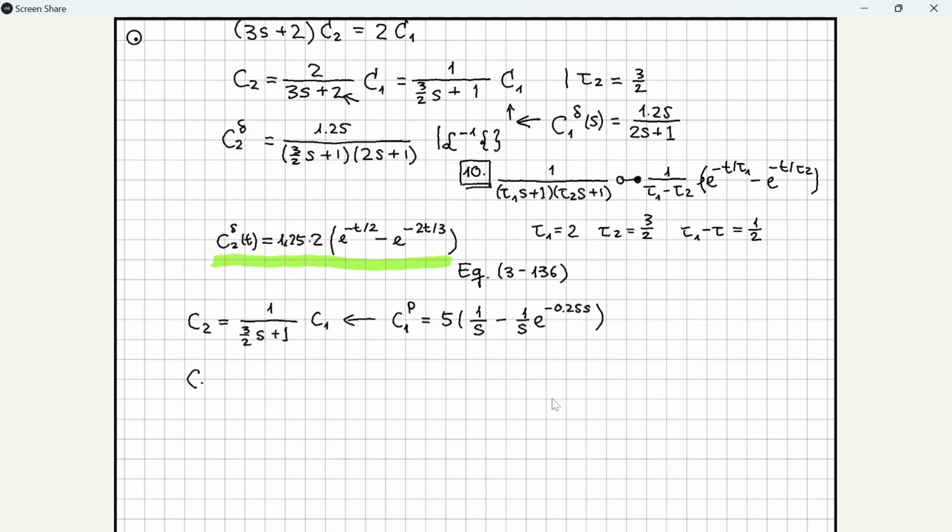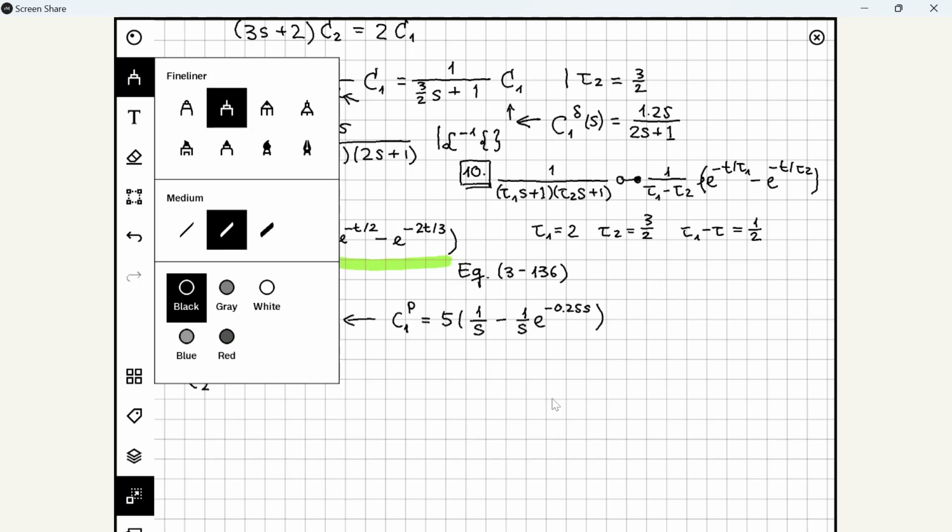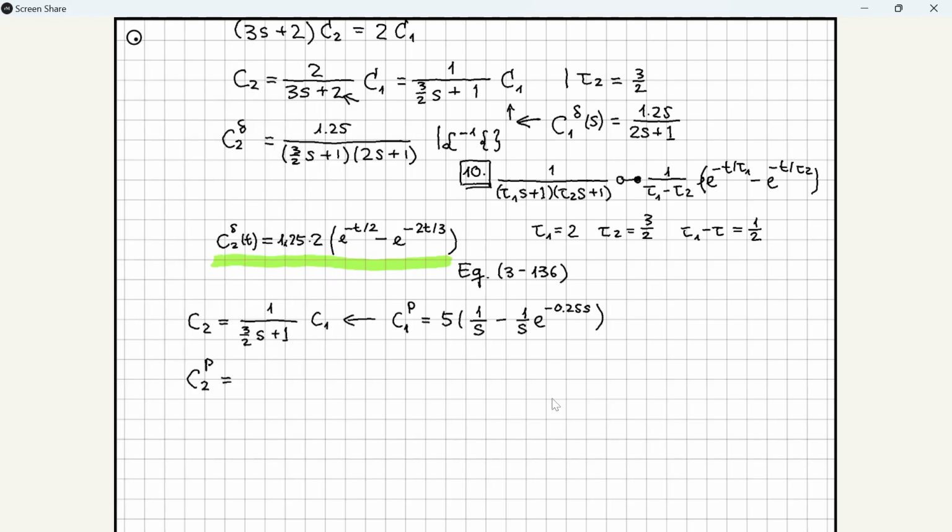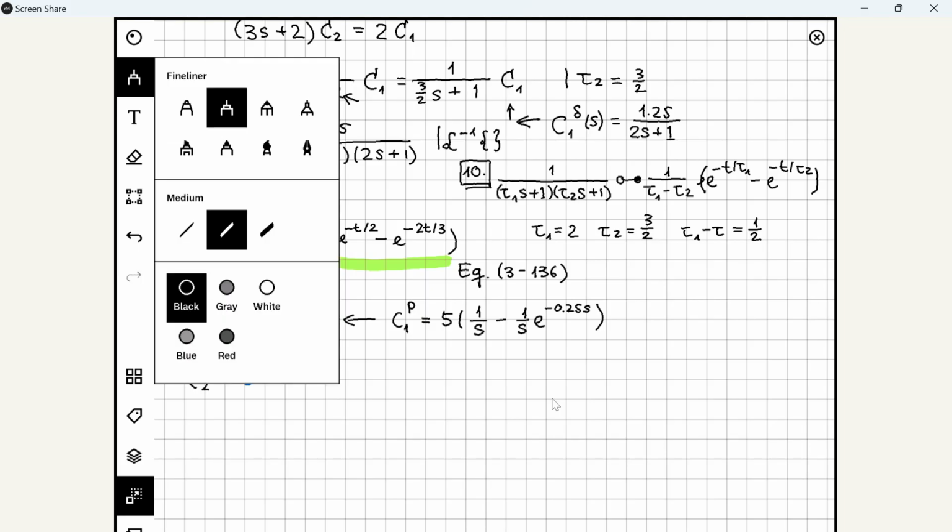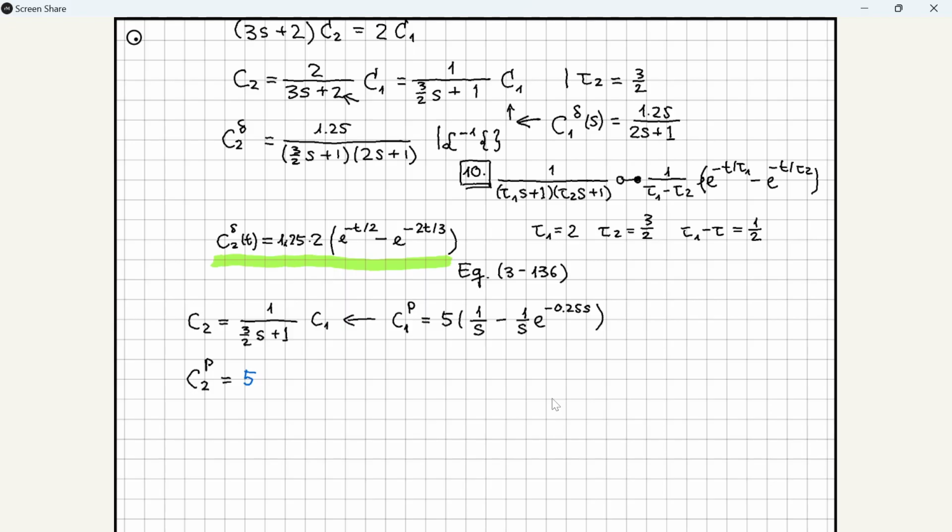So if I do that, I get C2P of S equals to, and now I do the blue part and I do the red part. So let's do the blue part first. It's 5 times, sorry, this is wrong. I was too happy. This was too quick because unfortunately this is only the pulse, but we have to multiply it with 1 divided by 2S plus 1. Thank you.